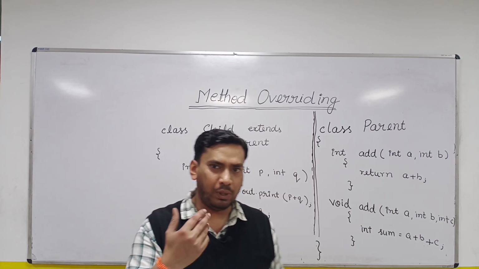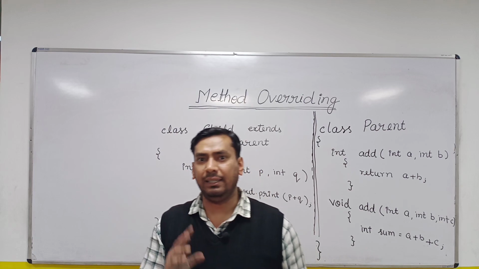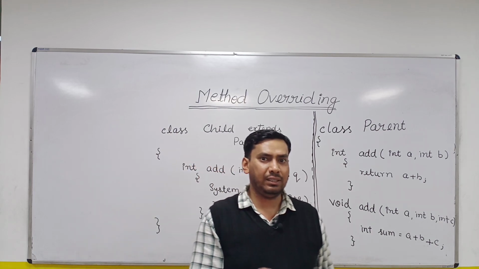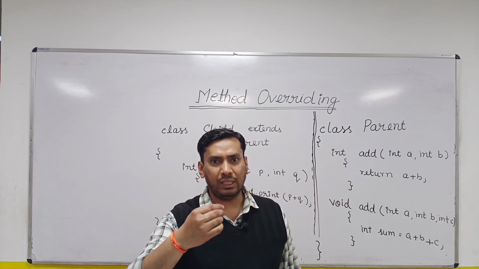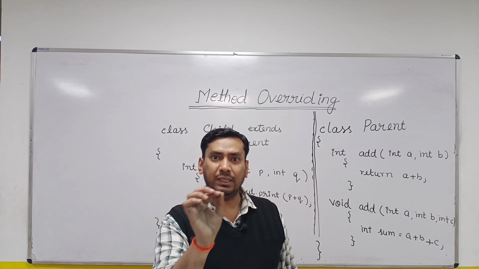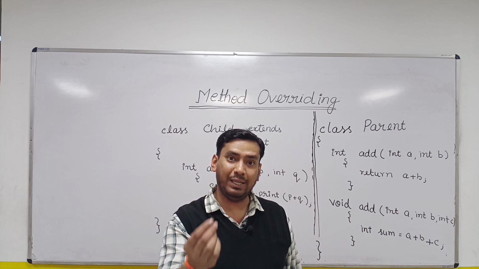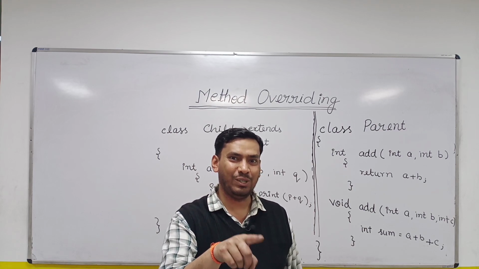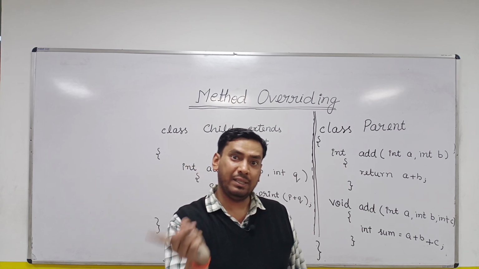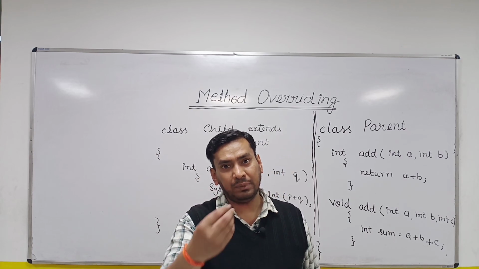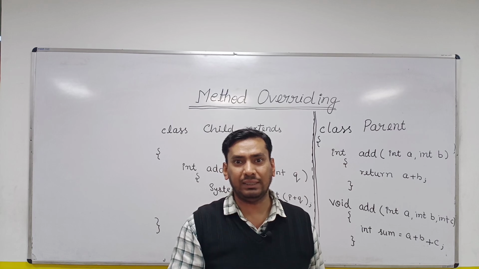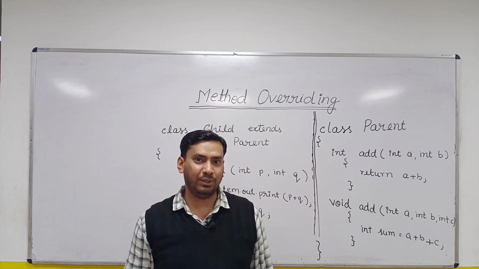In case of overloading, what is the definition? Multiple methods, or more than one method, with the same name but different signature. Overloading is same name, different signature, but overriding is same name, same signature. What is the second difference between overloading and overriding?